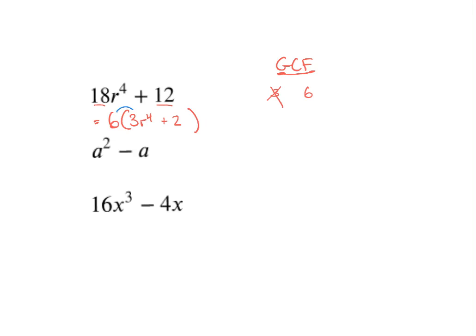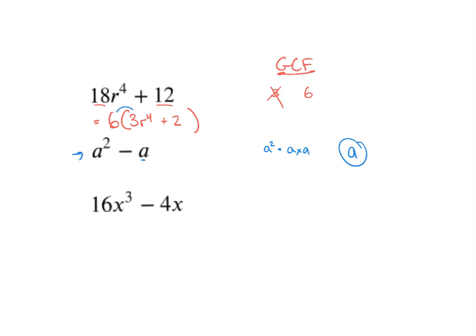In this other example, there are no numbers, but there is an a squared and an a. Keep in mind, a squared really just means a times a. And then we have an a over here as well. So our greatest common factor in this one is just the variable a, because a goes into a squared, right?